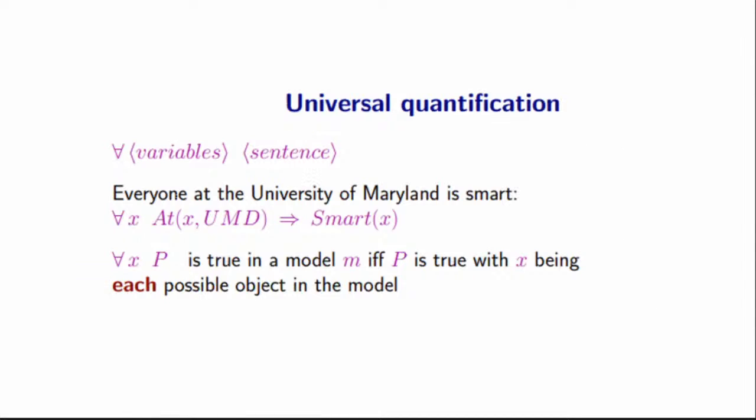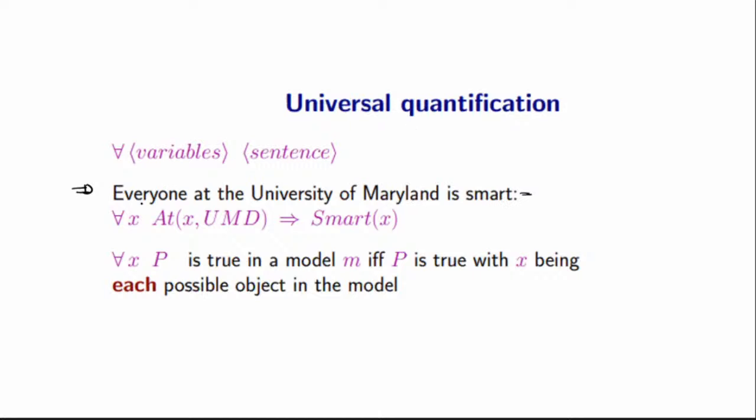Okay, and for example, let's assume that this is your English statement, and we want to convert this English statement into a first order logic formula. So this is the statement: everyone at the University of Maryland is smart.